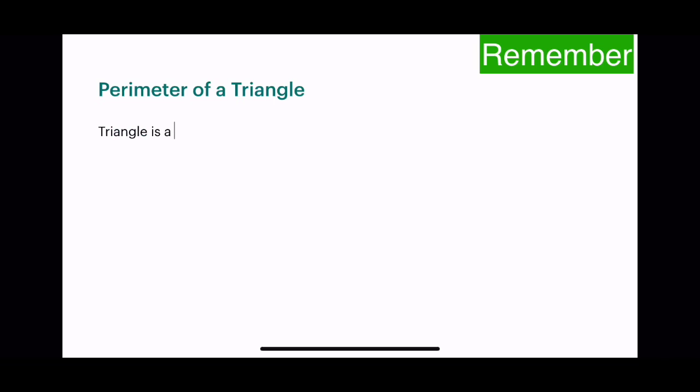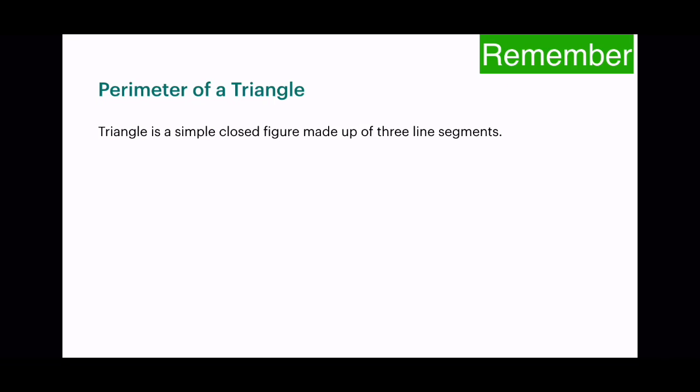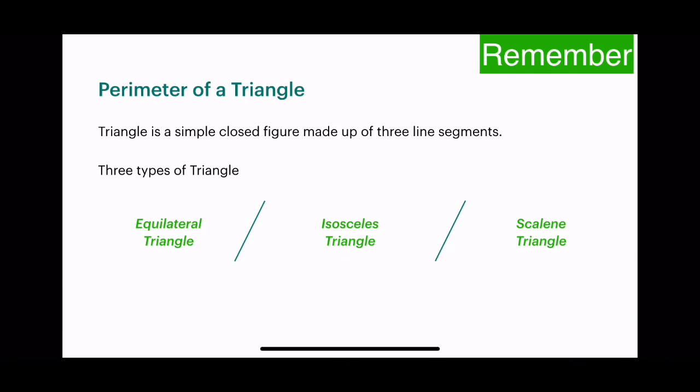Perimeter of a triangle. A triangle is a simple closed figure made up of 3 line segments. There are 3 types of triangles: equilateral triangle, isosceles triangle, and scalene triangle. Equilateral triangle.